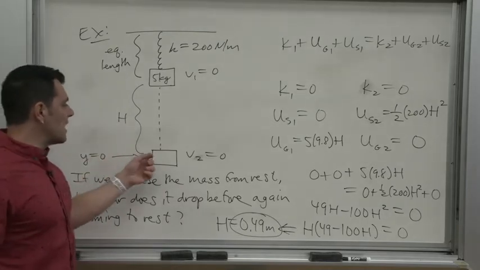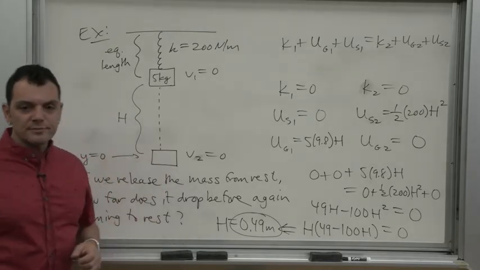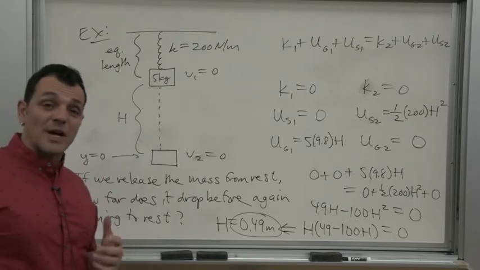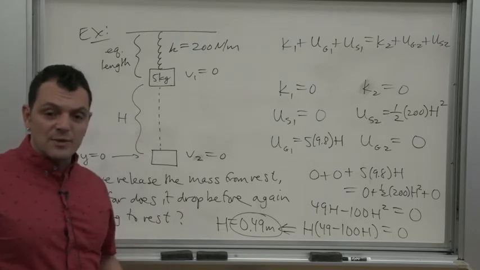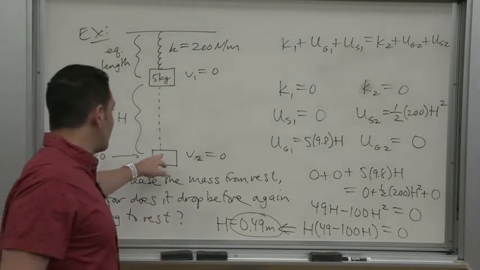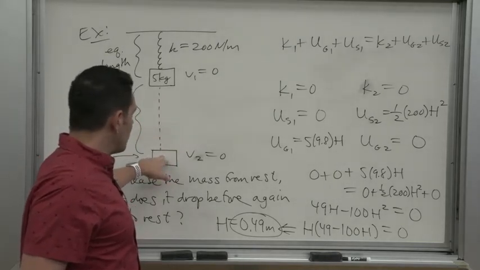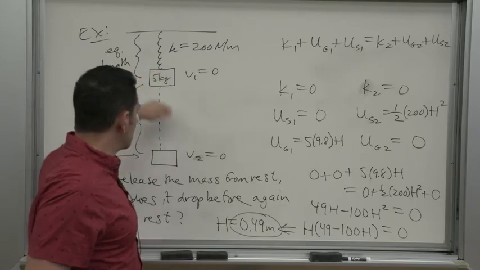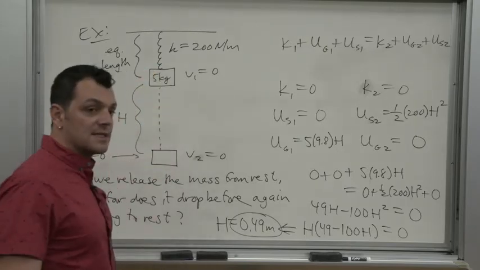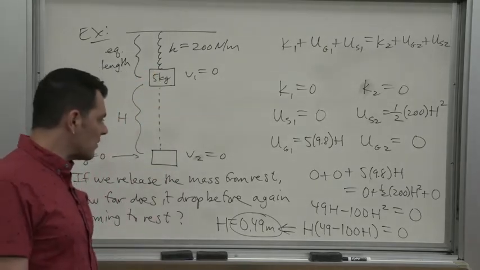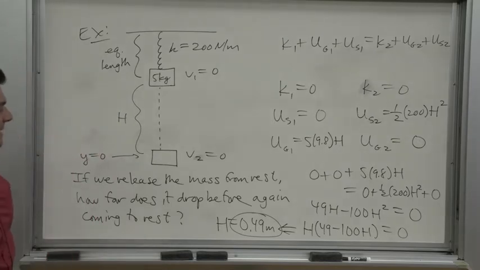Well, just because the velocity is equal to 0 doesn't mean the acceleration is equal to 0. In fact, there's going to be a net force upward at this point. So by no means is this mass going to drop down to here and stay here. But we did figure out that it is going to drop a distance of 0.49 meters.